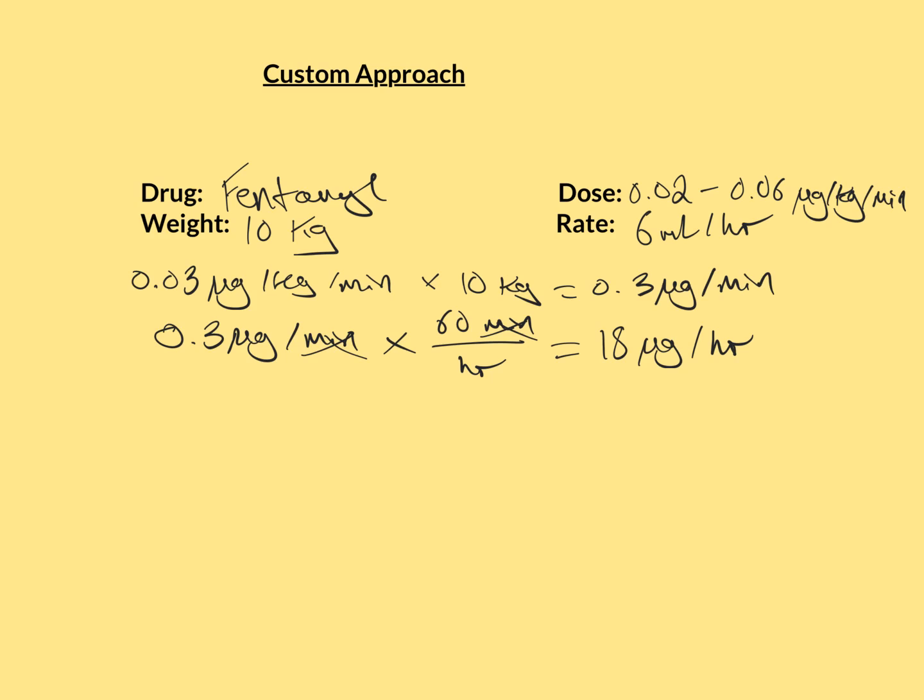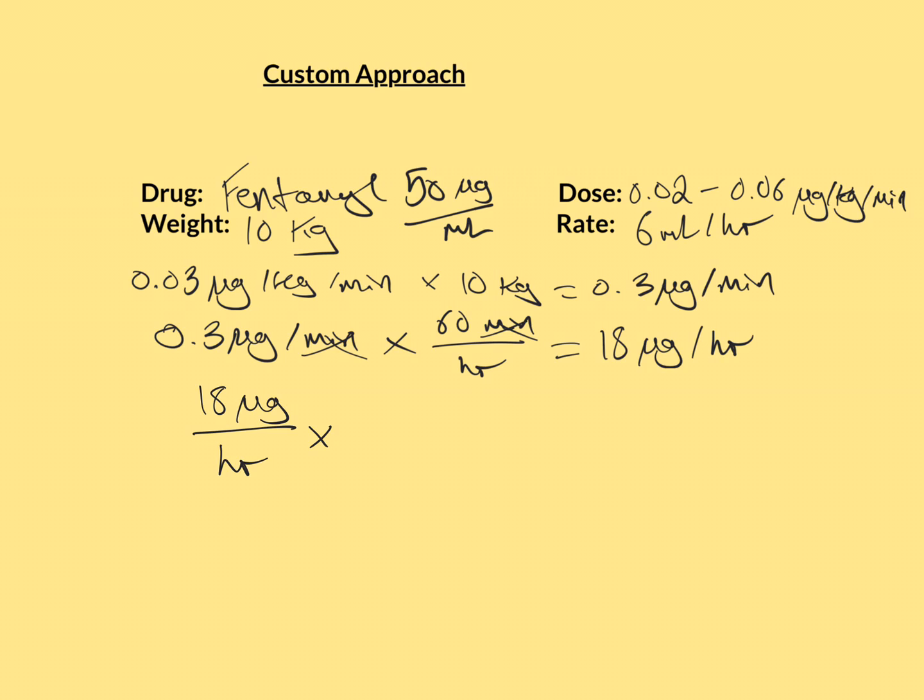Now, generally, fentanyl is listed in micrograms per mil on the bottle, so we could convert to milligrams by multiplying by 1000, but there's no need to at this point because our fentanyl concentration generally, I think, is 50 micrograms per mil. So what we're going to do is convert to volume of fentanyl by taking our 18 micrograms per hour, doing our conversion by concentration.